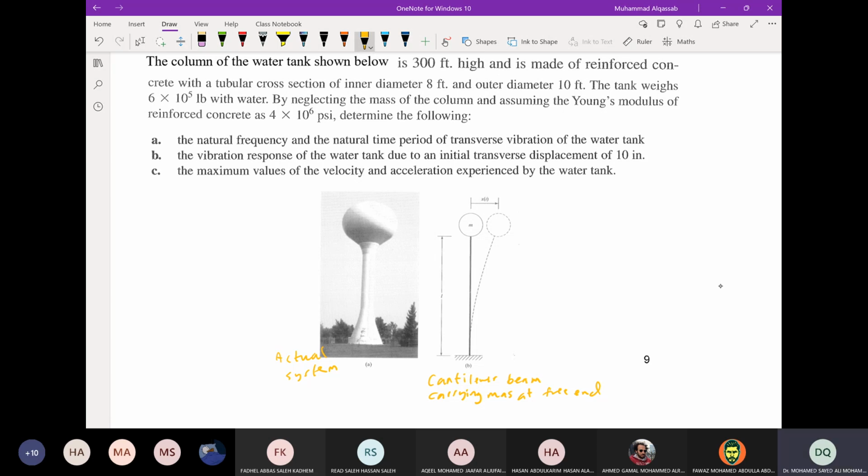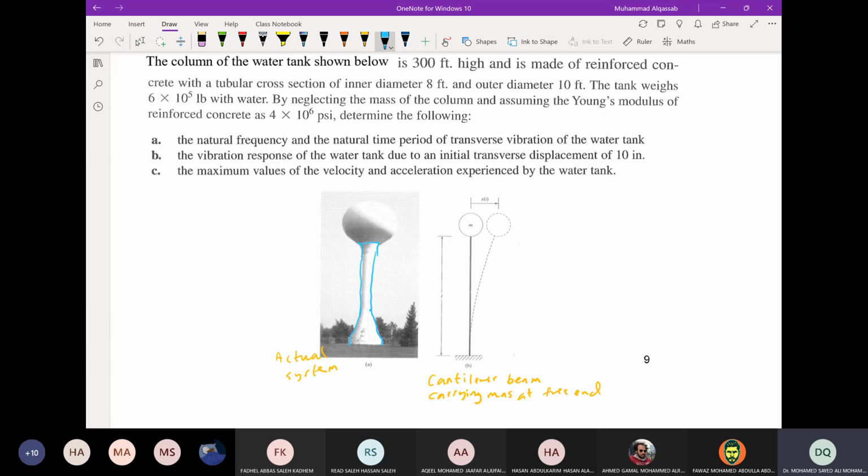From the actual system, we can see that the column is tapered, which means the diameter is bigger near the ground, and also at the top. But most of it is uniform, so it is assumed to be uniform all over, from the ground to the tank.